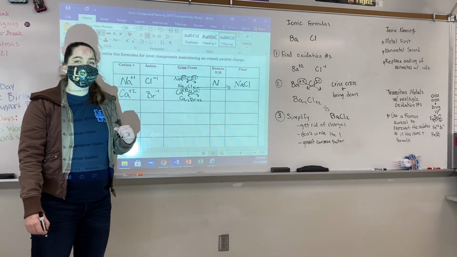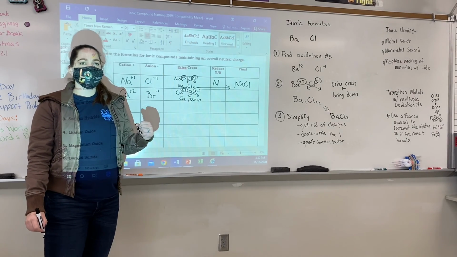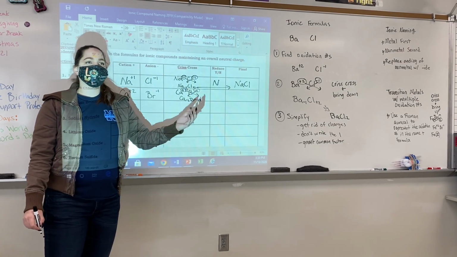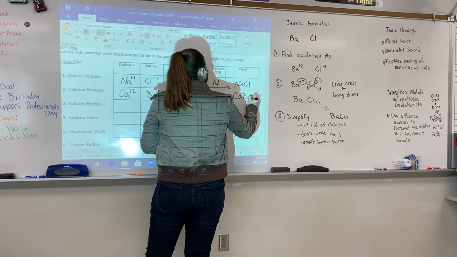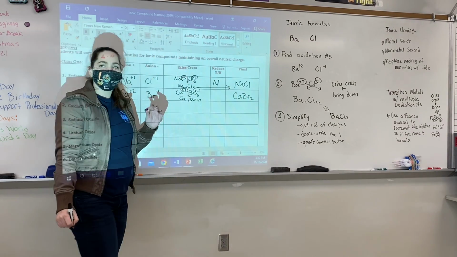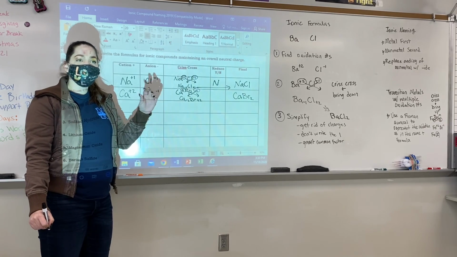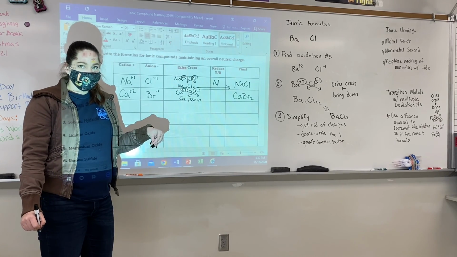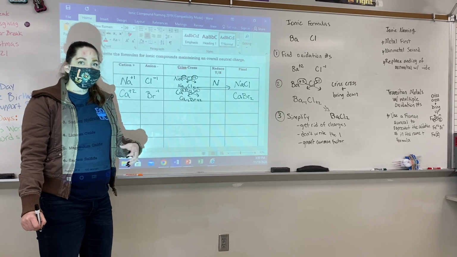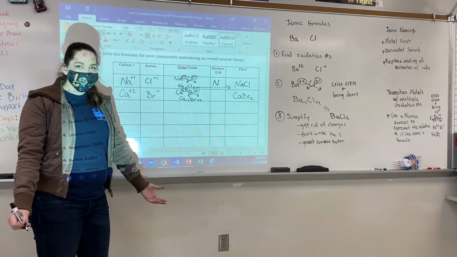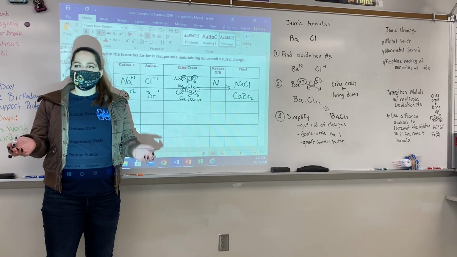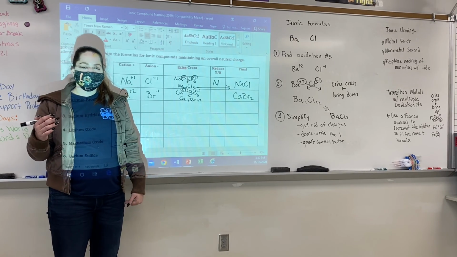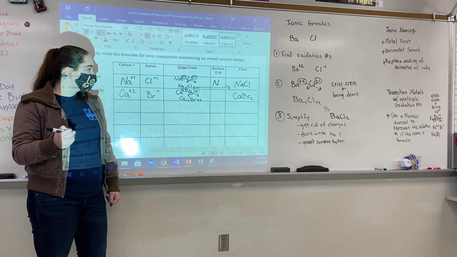So I get rid of my charges. I don't write the number 1. Anything left over, I do write. So it's CaBr2. Can I reduce 1 and 2? Can I make a 1 and a 2 smaller? Think of a fraction. Can I make 1/2 smaller?